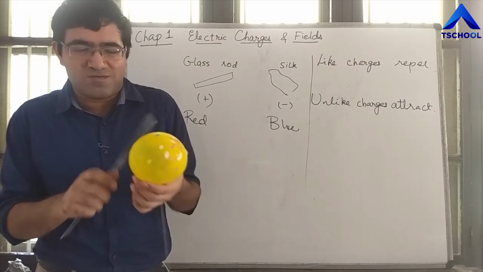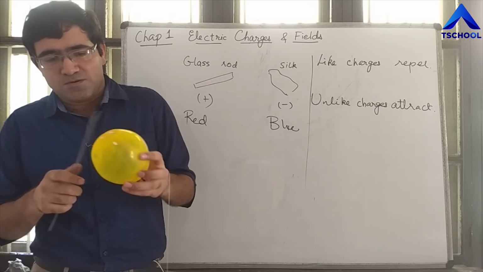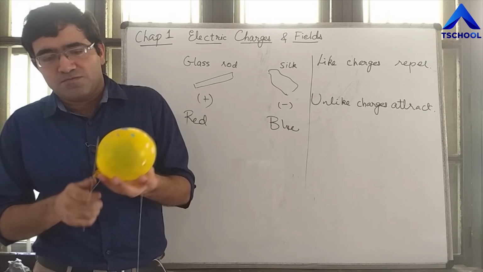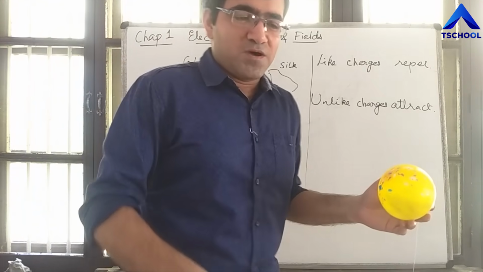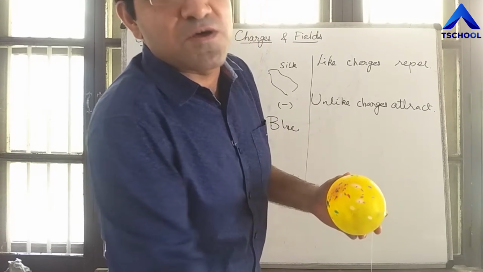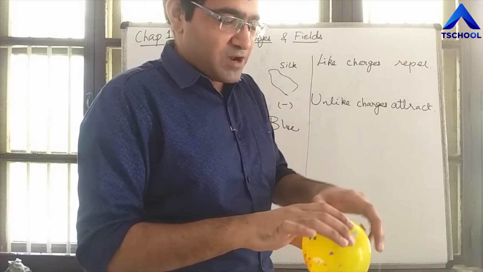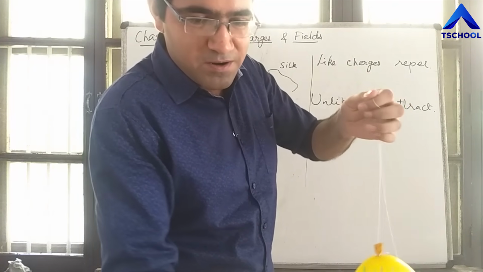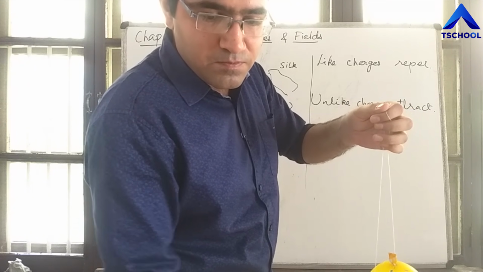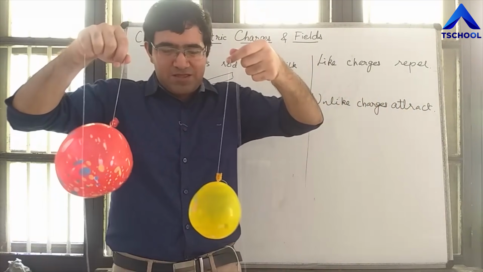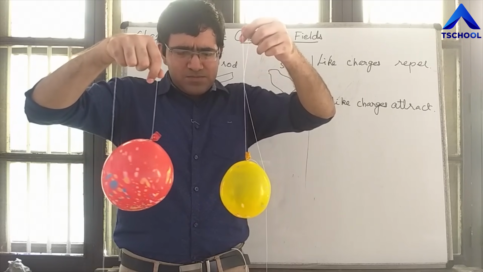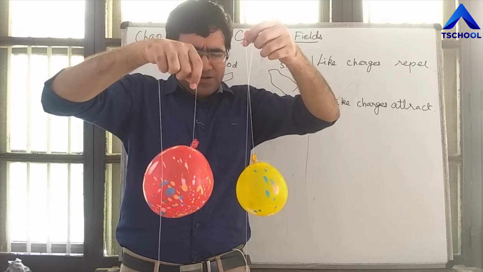Okay, I think we're ready now. Right, so now let me put the ruler aside. I'm going to grab these two balloons by the thread, keeping approximately the same length, and you see they're attracting their own threads.